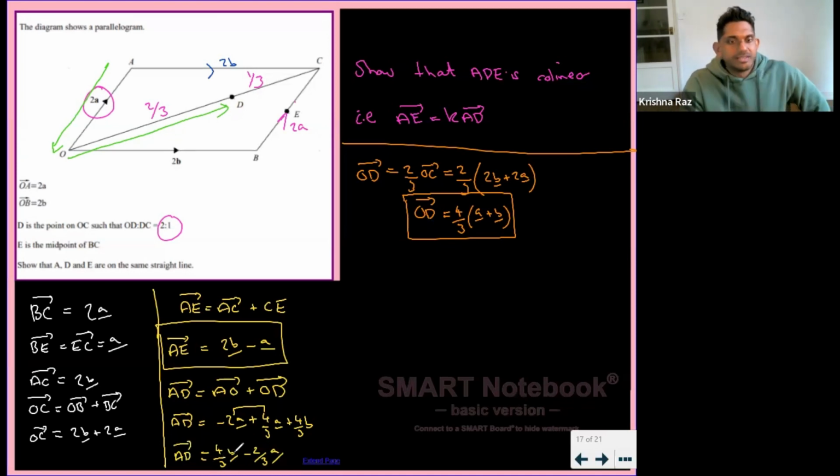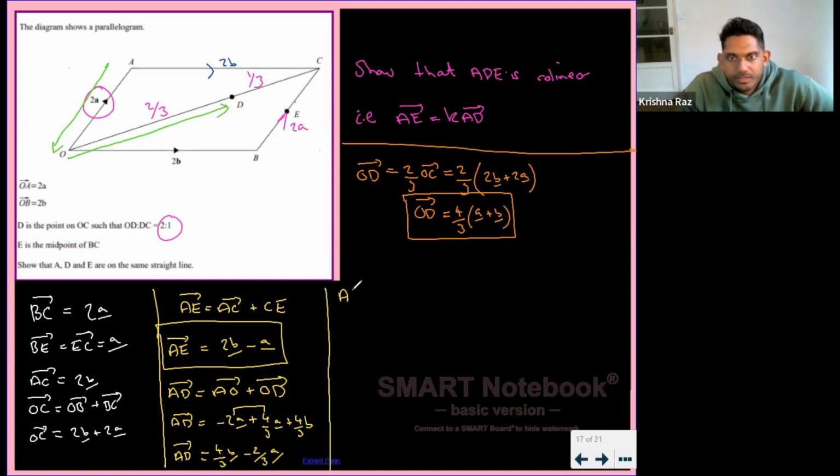So I just need to neaten that up to show that hopefully it's a multiple of 2B minus A. So if I look closer, I'll rewrite what we have. 4/3 B minus 2/3 A. Well, there's a common factor of 2/3 there. Yeah, that equals 2/3 of, I can see it straight away, but I'm going to just do it step by step in case you don't see it.